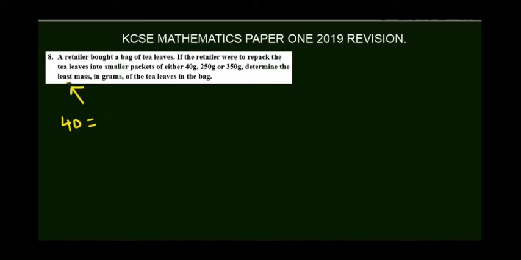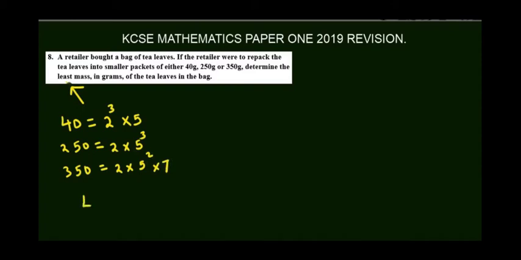If you use a factor tree, you'll get for 40, 2 power 3 by 5. For 250, we will have 2 by 5 cubed. And finally for 350, we will have 2 by 5 squared by 7.